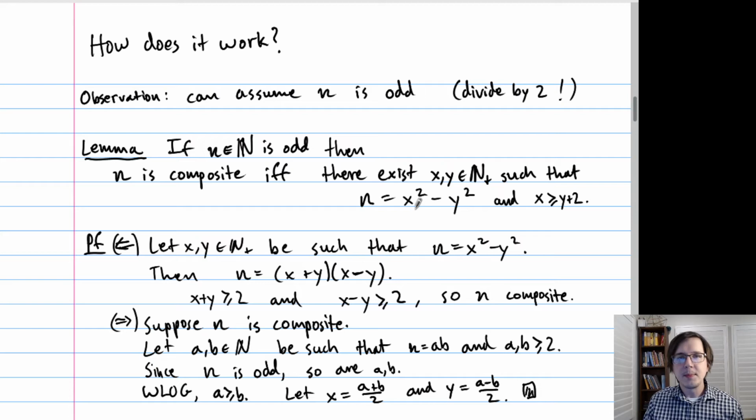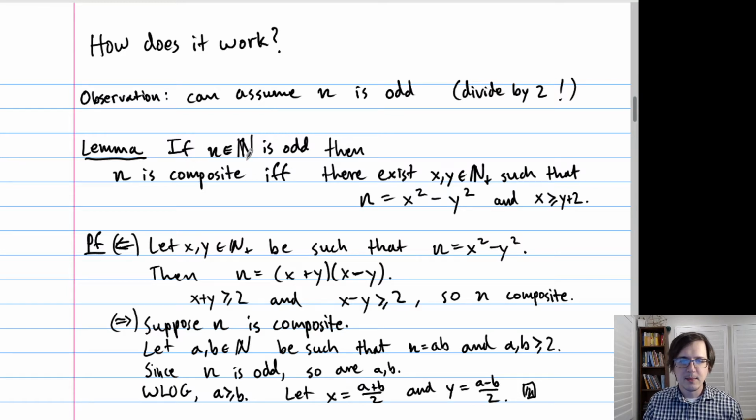So how can this be used for factorization? Let's just assume our number is odd, because if it's even, we can divide it by 2 pretty easily, even by hand, and we can repeatedly divide by 2 until it's odd.